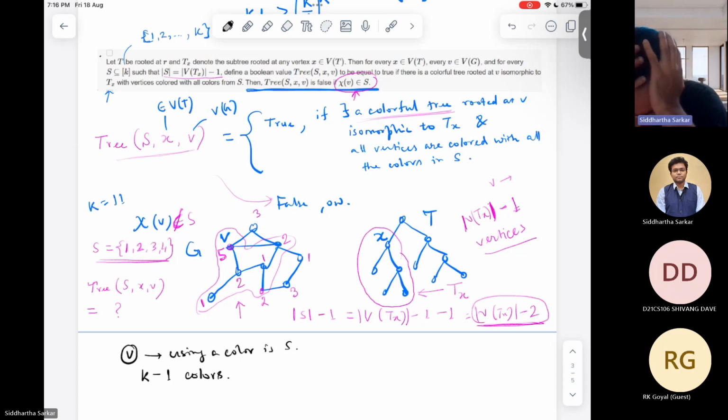Just give me a minute. Chi of V belongs to S. You want to color distinctly.